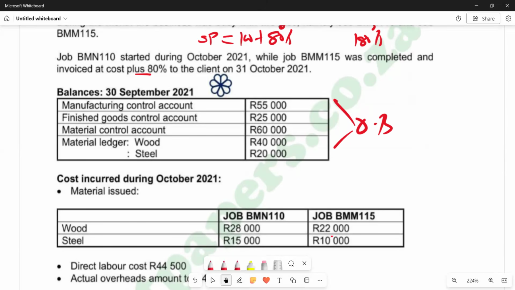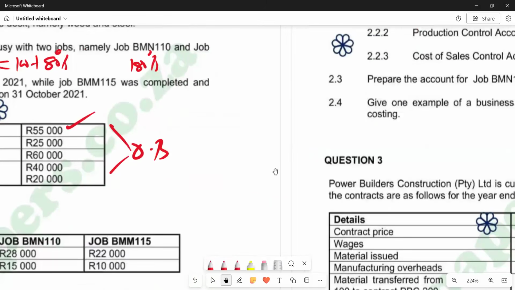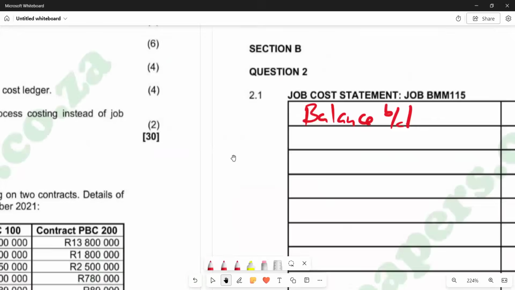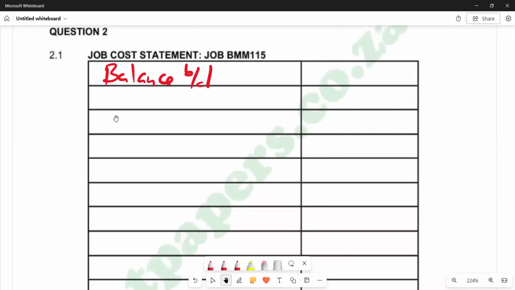The balance that applies in our job cost statement is the manufacturing control account balance, which is 55,000. So we're going to just take that figure and put it there. It's 55,000.